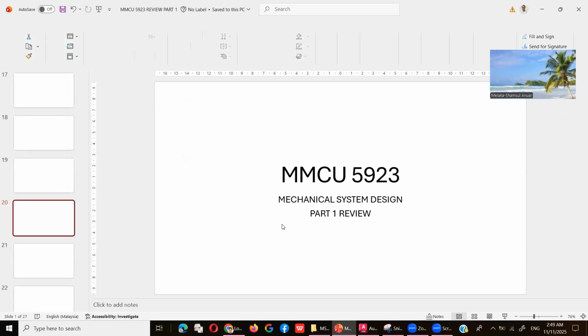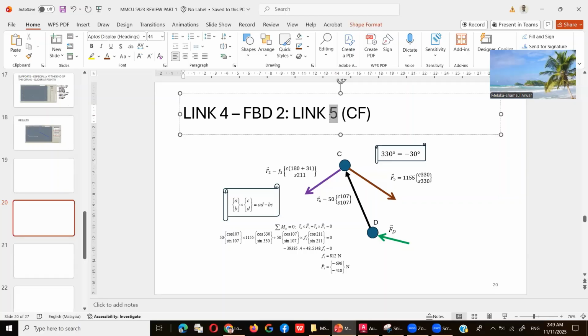This one will be in link 4, and this one will be PC.